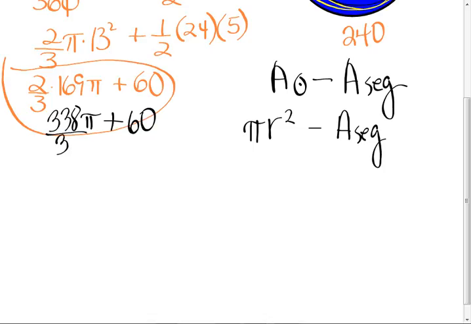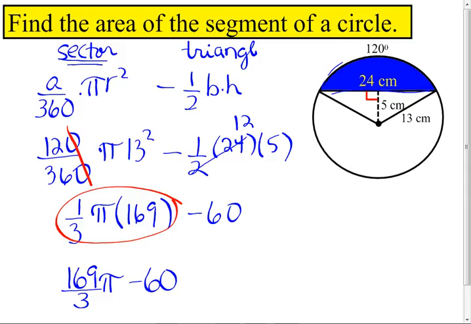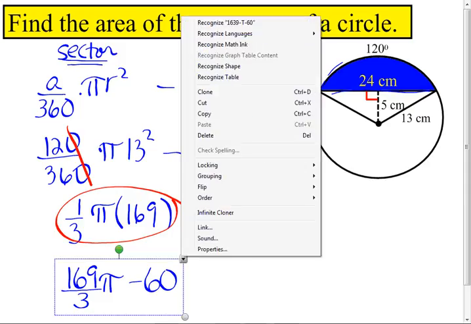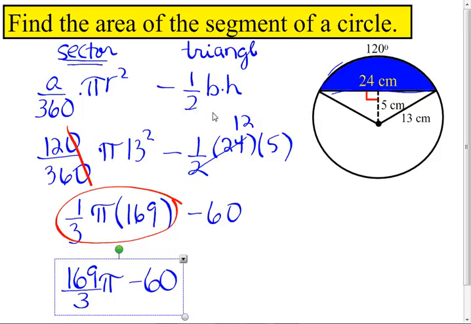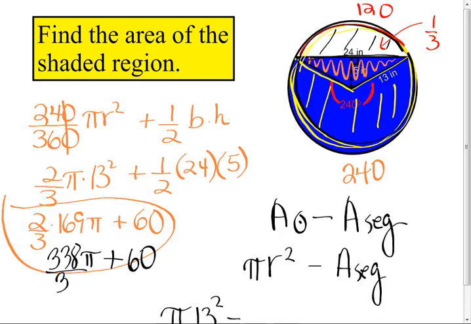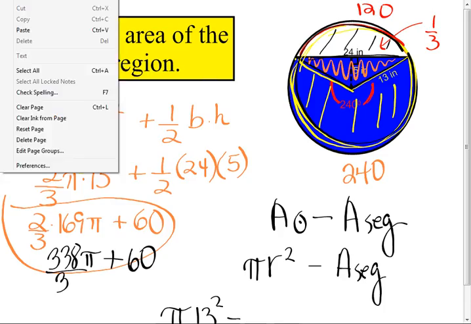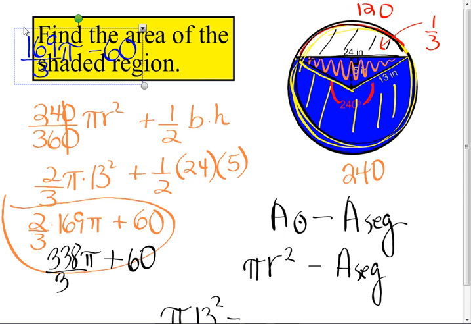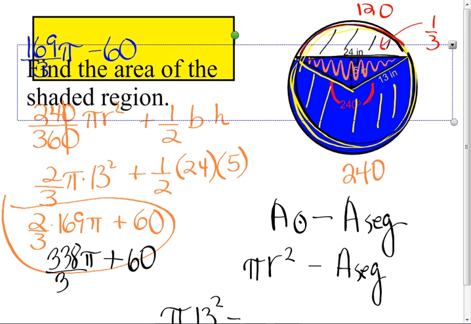So it's pi times 13 squared minus the answer from the previous page, because I don't want to do that again. It's right here. I'm going to copy it, and I'll paste it in over here. And then I'm going to drag it.